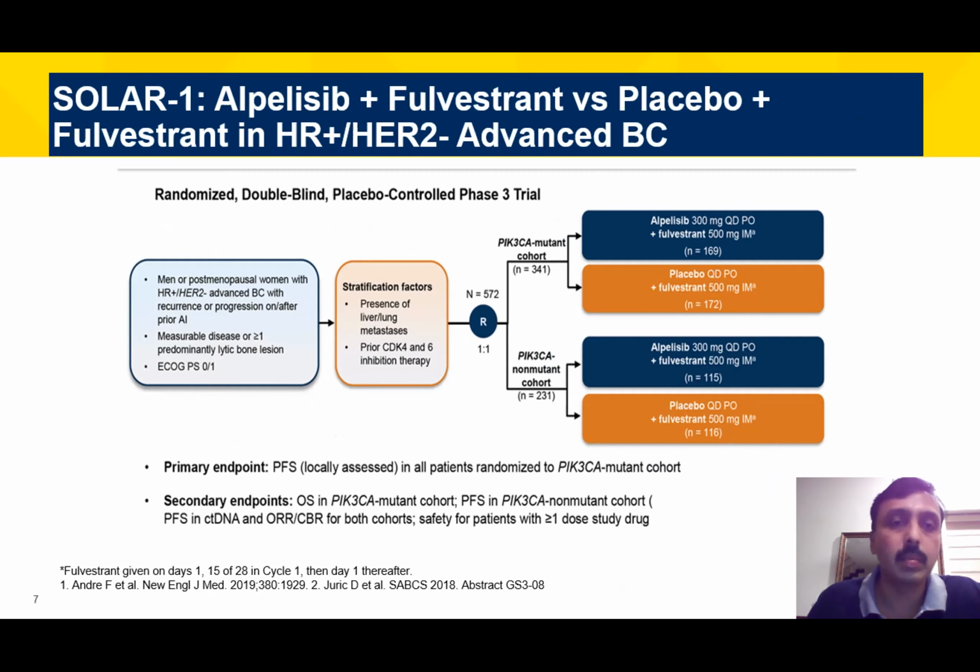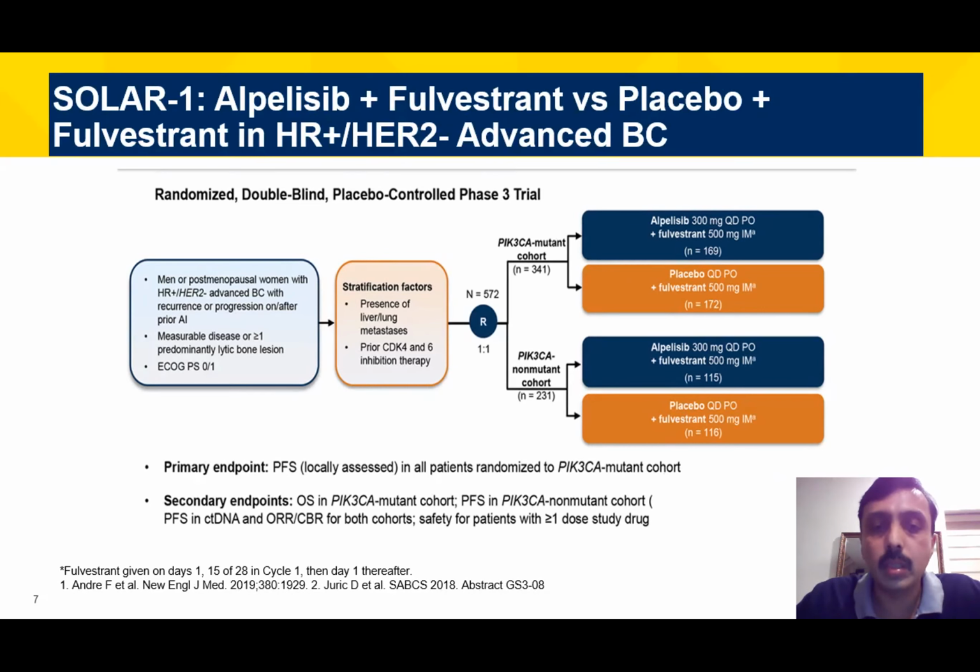So SOLAR-1 in 2019 was published in NEJM by Andre et al. It included postmenopausal women or men with HR positive HER2 negative advanced breast cancers who had measurable disease. They were stratified based on presence of visceral mets or whether they received any prior CDK4 and 6 inhibitor therapy.